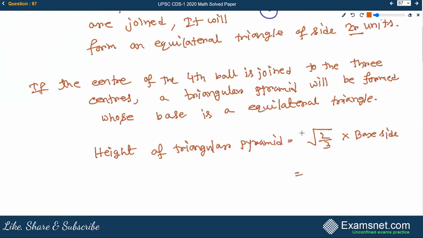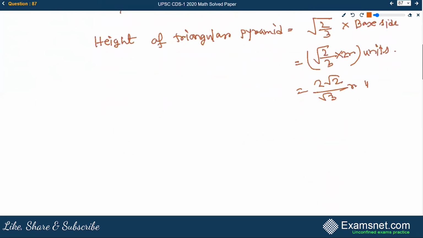Okay, so here base side is 2r because that equilateral triangle is of 2r units. So root under 2 by 3 multiplied by 2r units. Here we can write 2 root 2 by root 3 r units. This is the height of the triangular pyramid.